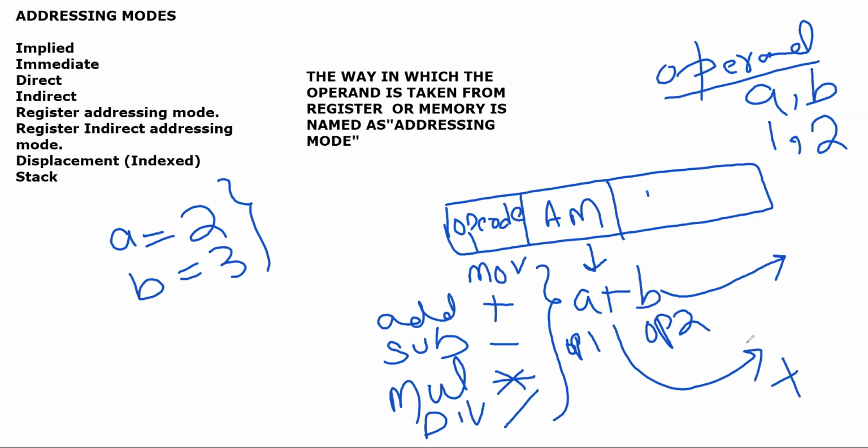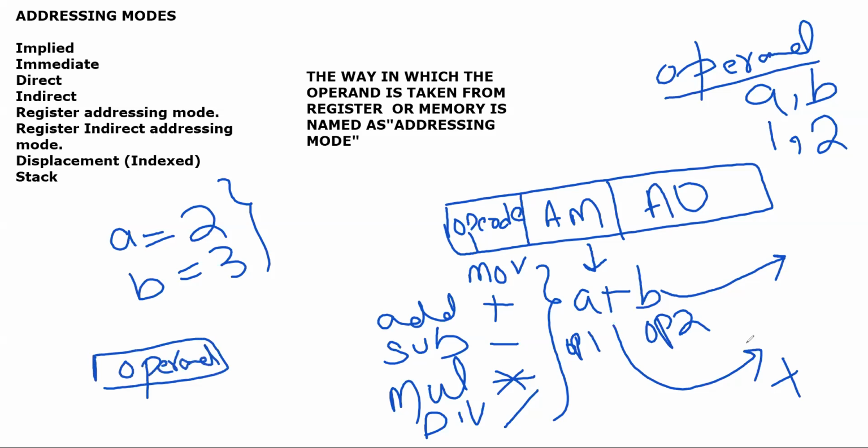The last thing is AO. What is AO? Address of operand. AO contains the address of the operand. For example, in memory we have operands.